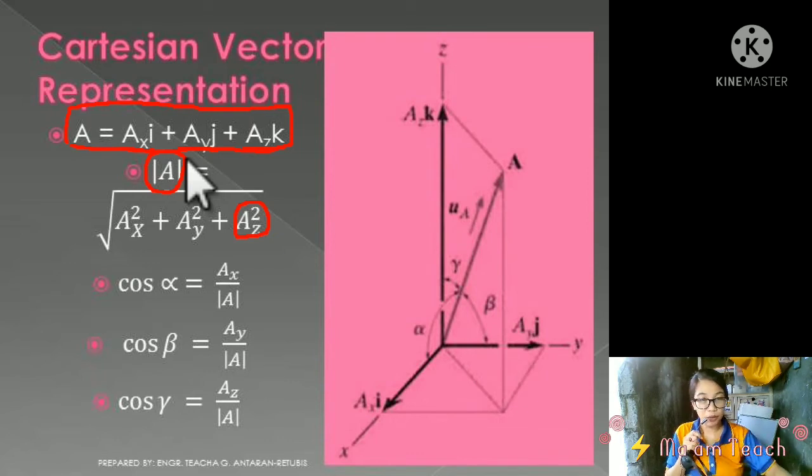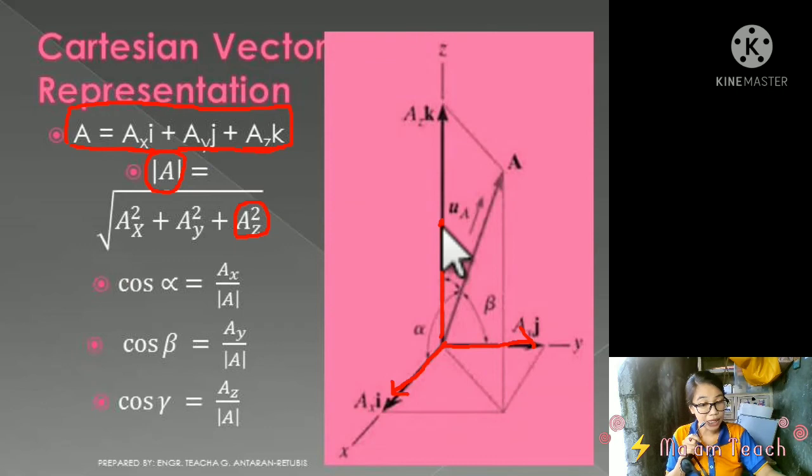Now let's say, as you can see here in your figure or diagram, that our x component is right here, which is of course along the x-axis, this is the y component, and this one is the z component. But take note that our givens here are all positive, but there will be cases, class, that your x, y, or z component has a negative value.